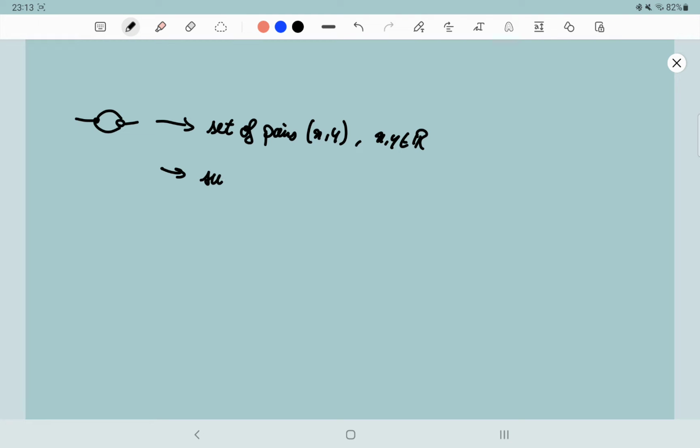Another way is a subset of R squared. This is the precise thing that it means. The meaning of a diagram is a subset of R to the n, where n is the number of wires.